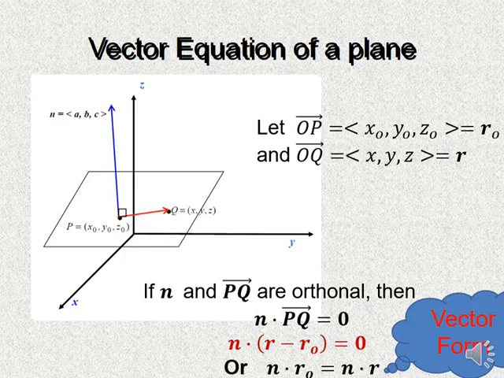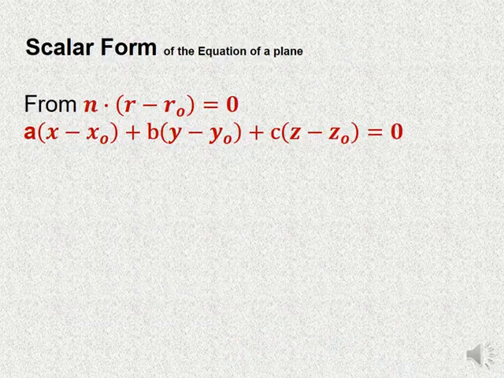So if we dot n and PQ, we get 0. So n dot (r minus r naught) equals 0 is our vector equation of a plane. So let us move to the next.